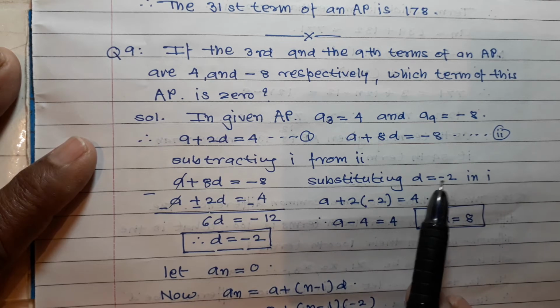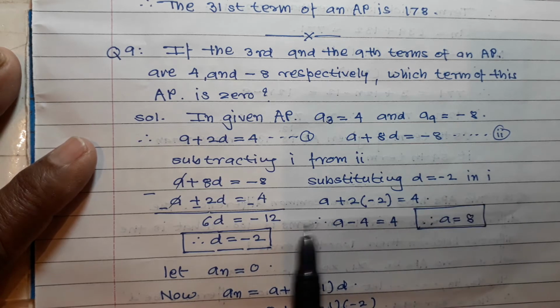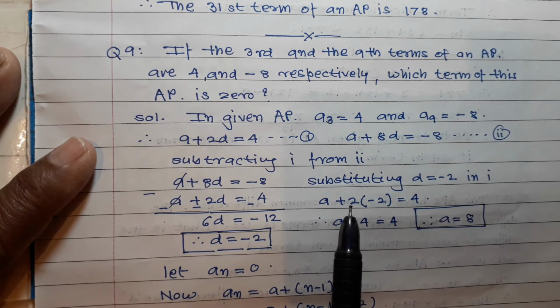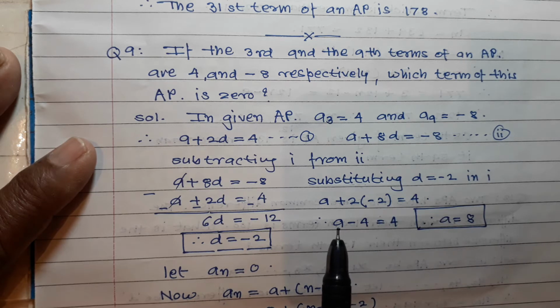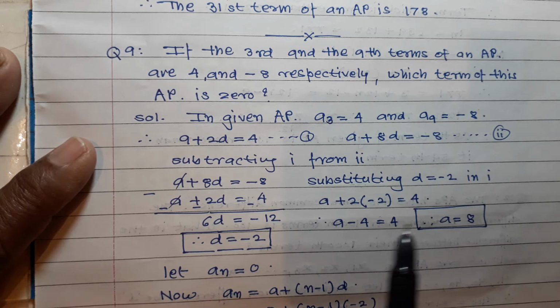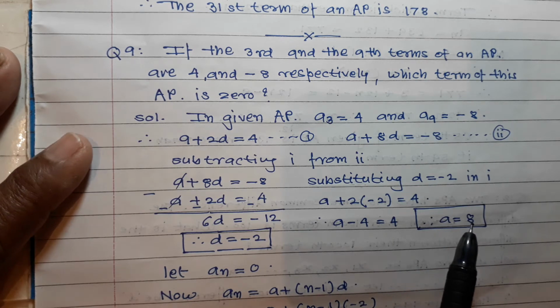Substituting D is equal to minus 2 in equation number 1, A plus 2 into bracket minus 2 is equal to 4, and therefore A minus 4 is equal to 4, and therefore A is equal to 8.